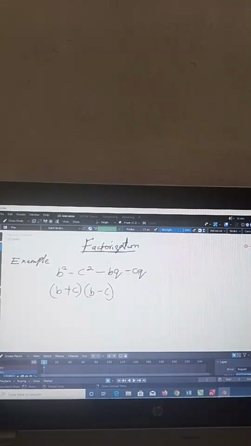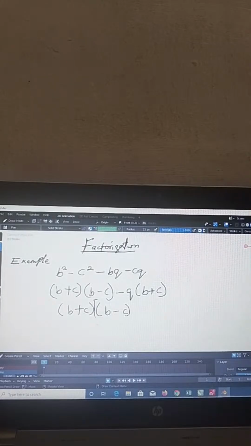Close it. What is common here? Minus b cubed is common, in brackets b plus c. Are you following? So you see b plus c is common on both ends. So I'll say b plus c in brackets. Then what is left? I have b minus c.